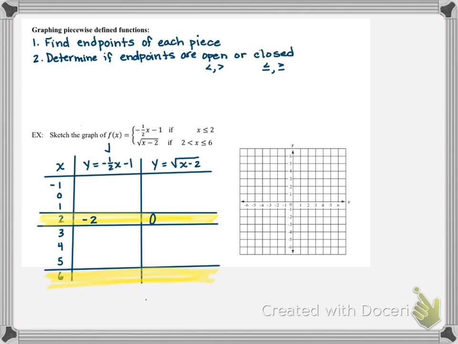So I'm in this first column, so I'm looking at the first line. The inequality between the x and the 2 is inclusive, and so that's going to be a closed point. Does that make sense? So then when I'm in the second column, that corresponds to the second line. And the inequality between the x and the 2 is a strict inequality. So that gives me an open point.